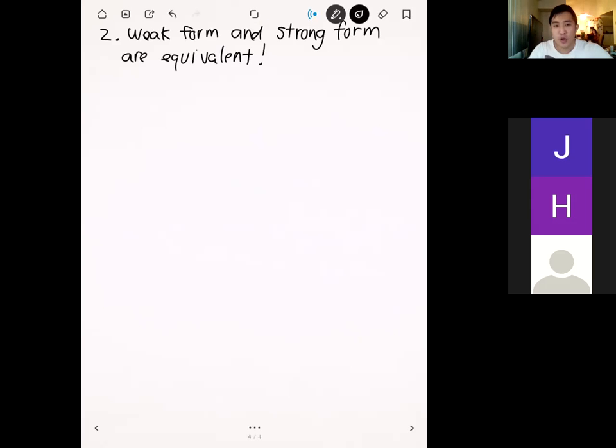If you notice, up to this point, in order to get the weak form, we did a lot of weird things. We multiplied by a function and we integrated, then we integrated by parts, but nothing that we did was an approximation. All the mathematical techniques that we did were exact techniques.